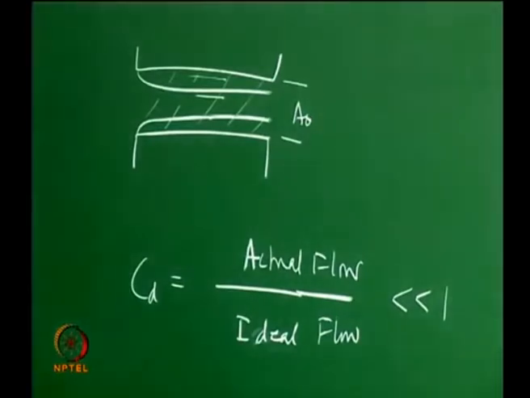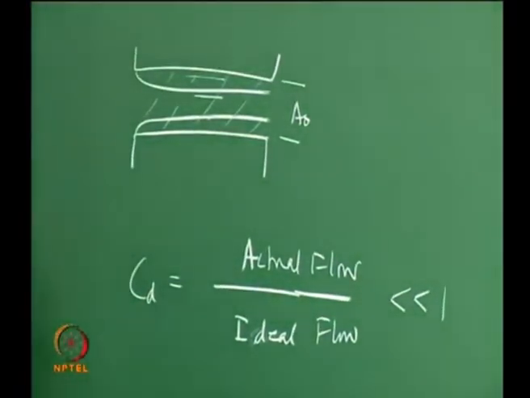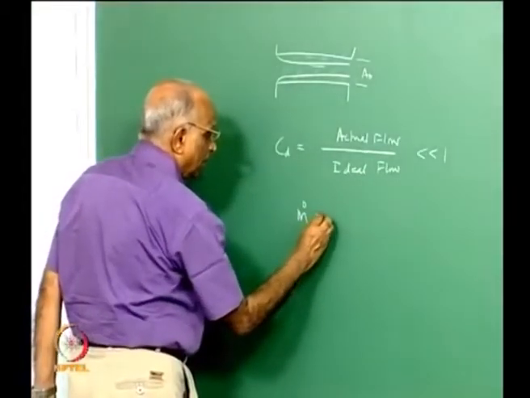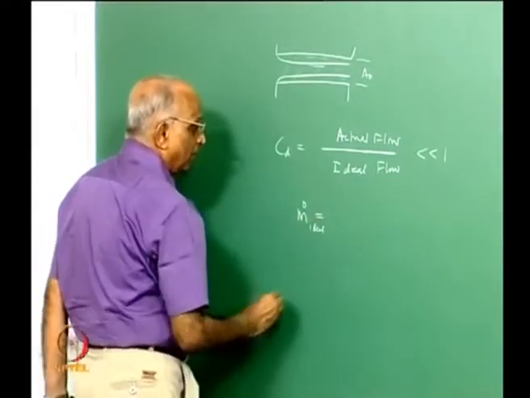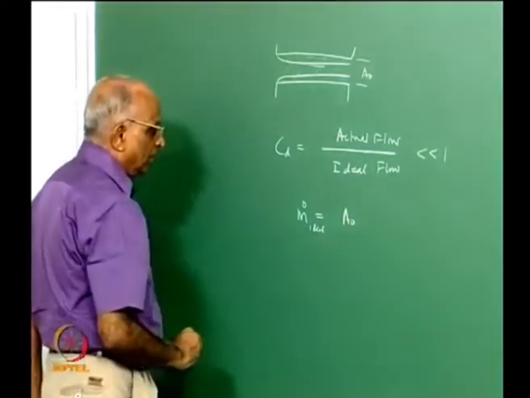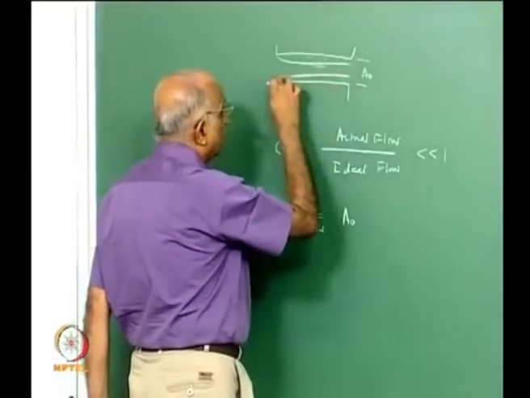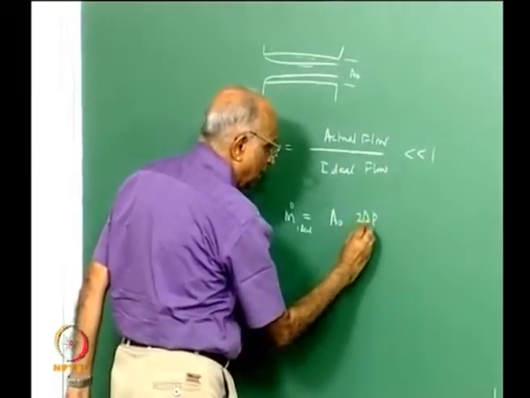To be able to arrive at this value of discharge coefficient, I therefore write in terms of mass flow rate, m dot. In the ideal case, what is the value of the flow? We will have flow runs full, A0, the velocity of flow depends on the pressure drop, namely delta P, 2 delta P by rho.